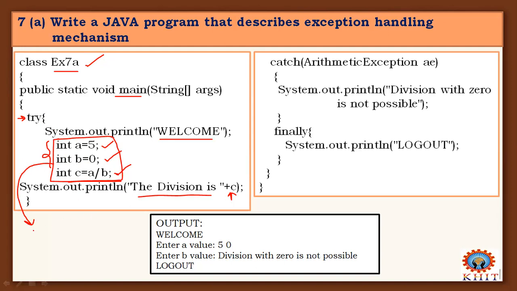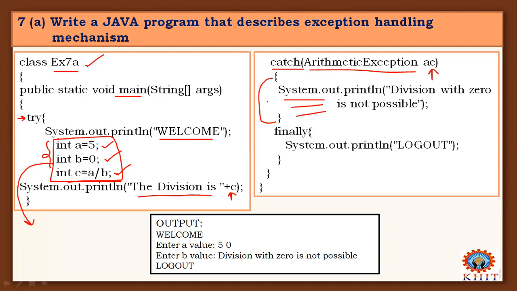This thrown exception should be caught by the exception handler, a catch block. Inside this catch block, we need to set a piece of code to handle that. This catch handler requires one parameter, of the type of the exception object thrown by the try block. So what type of exception is thrown here?